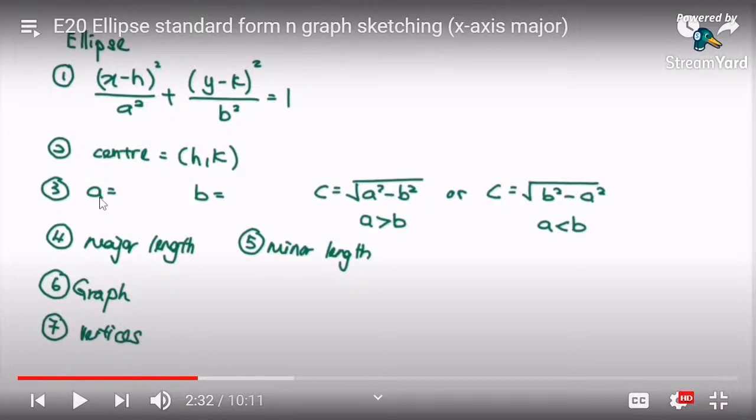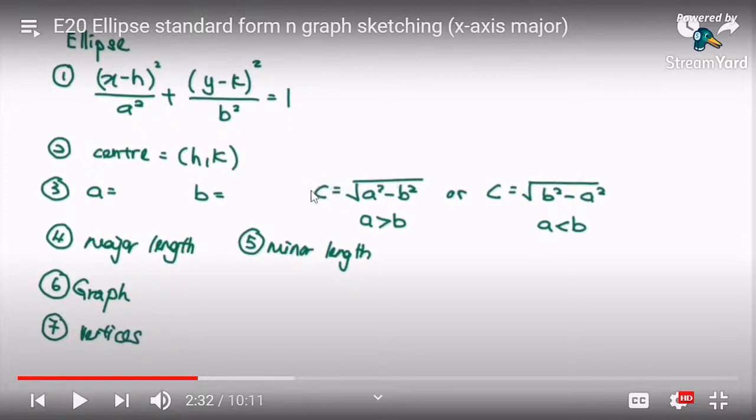If the value a is greater than b, meaning your x is the major. If the value b is greater than a, then y will be your major axis. If y is the major, automatically x is the minor. Okay, vice versa.